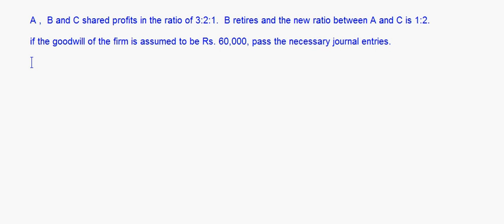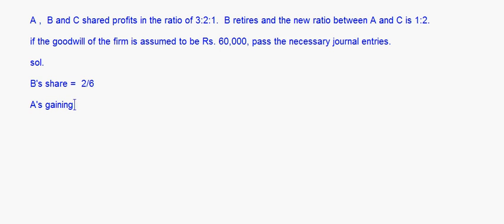Now, in this case, let us first of all calculate the gaining ratio. What is B's share? B's share is 2 by 6, since the ratio is 3:2:1. Now they have given the new ratio here.